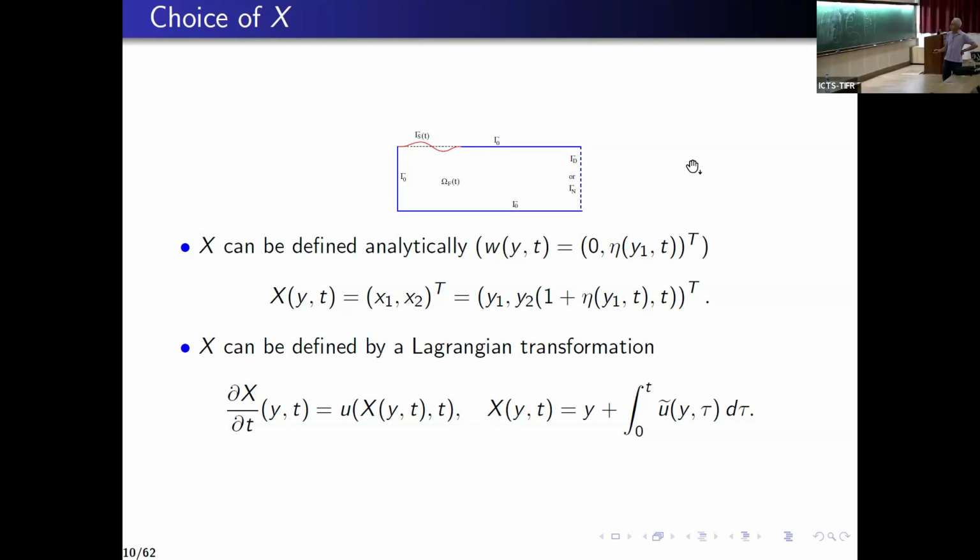So this is called the Lagrangian transformation, and in that case, taking the integral in time, I obtain this expression for x: the identity plus some additional deformation which evolves with time.